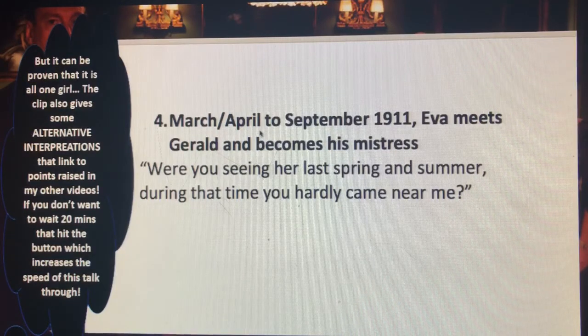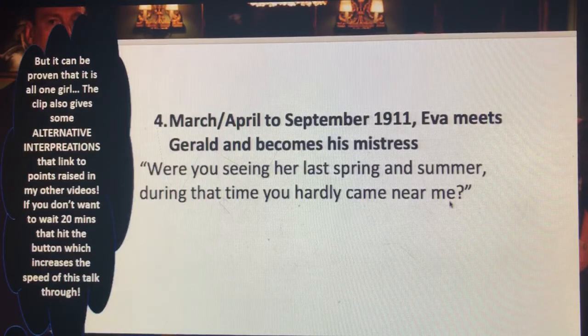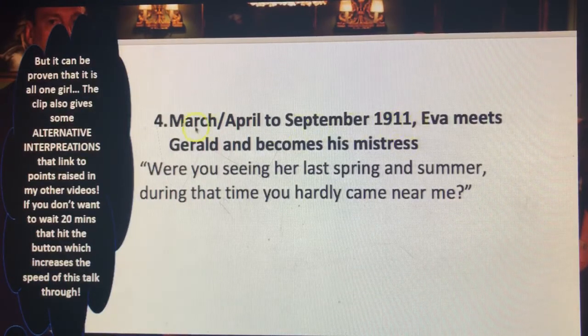And so what we have here is also not just random girls, but girls who look like each other, matching on the same days. And that would be really unlikely for that to be separate girls. "So were you seeing her last spring and summer?" "During that time you hardly came near me," asks Eva, and that completely matches the length of the affair that Gerald has, and it also matches with what's going to happen with Eva next when she meets Eric.